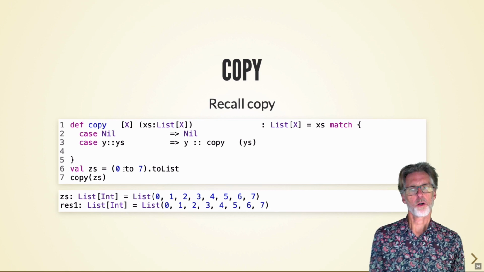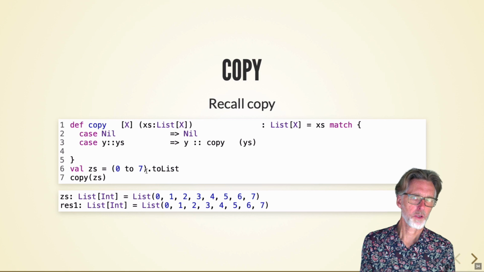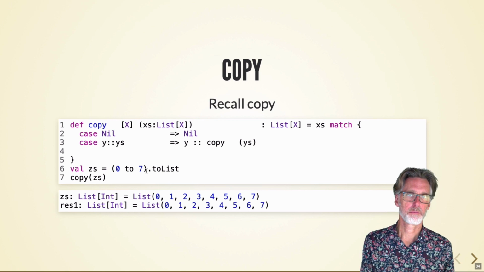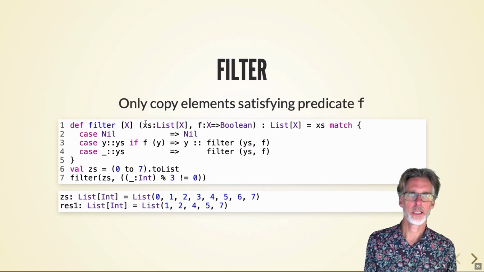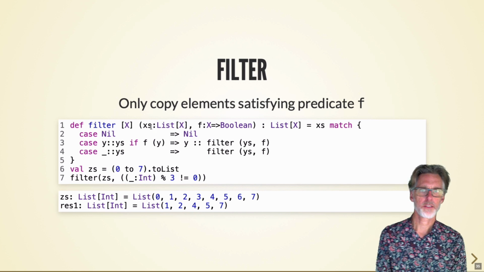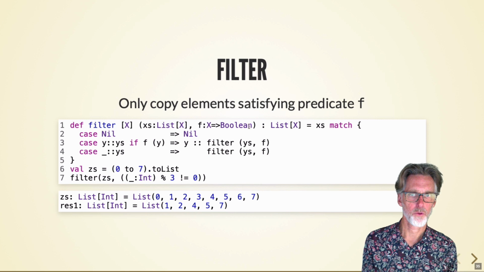What if I don't want all of these values, however? Suppose I only want the ones that are not divisible by 3. How do I do that? Well, we do that using a filter in Scala. So what's a filter? Filter is another functional form.